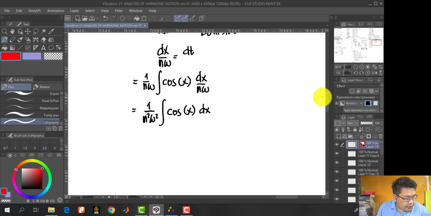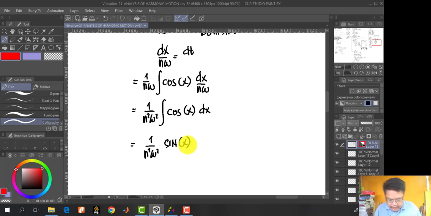If you integrate cosine of x, what comes out is 1 over n squared angular velocity squared times sine of x. So the integration of cosine is sine of x.